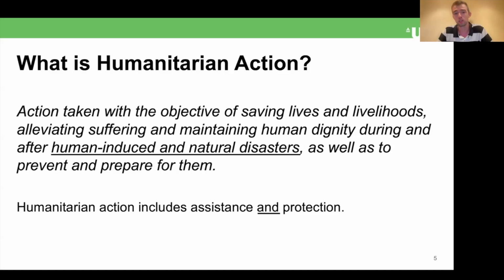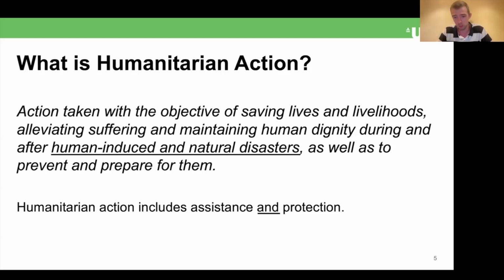So there's the immediate action afterwards, helping those that need it immediately after a disaster, but there's this important component where we think about how to prevent and prepare. A lot of my research and a lot of the work that I do is in that last part.